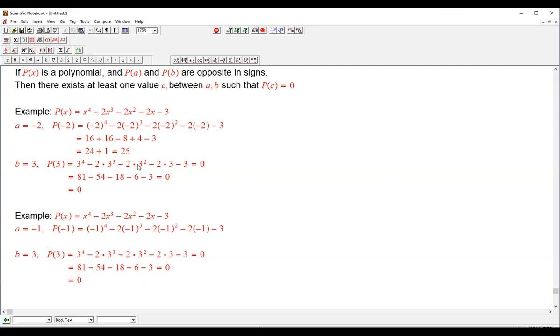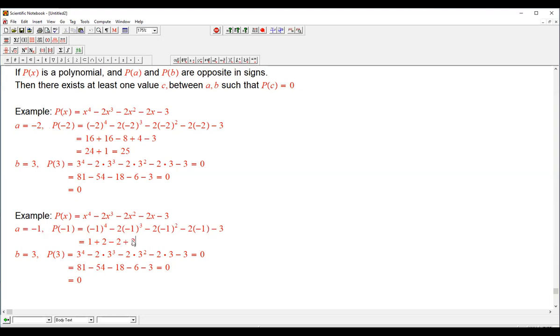P of -1. So what do I get here? -1 to the power 4 is 1, minus 2 times -1. So this is going to be -1 times -2, positive 2. Minus 2 times -1 squared, so this is going to be -2. And this is going to be positive 2 minus 3.